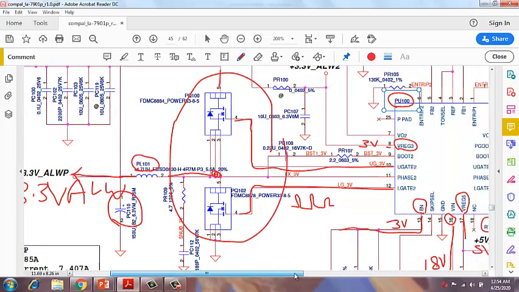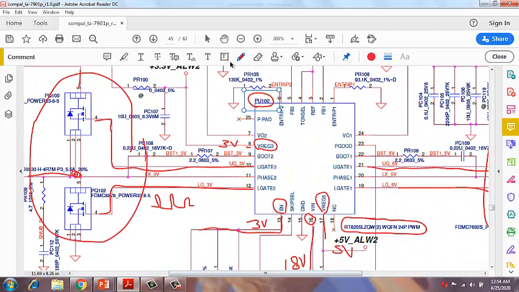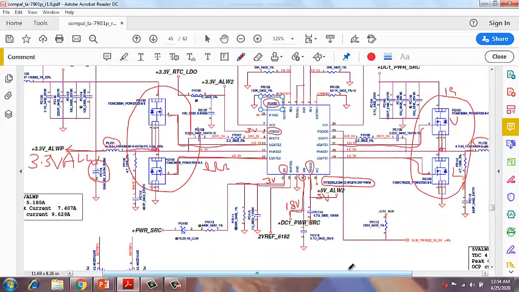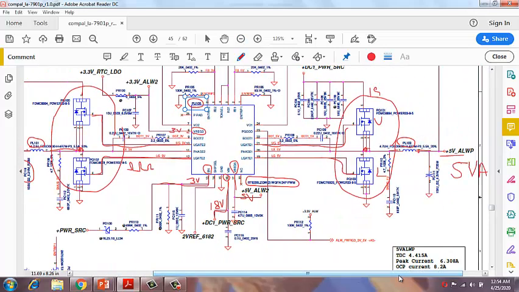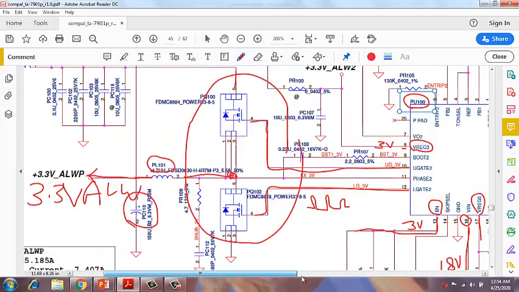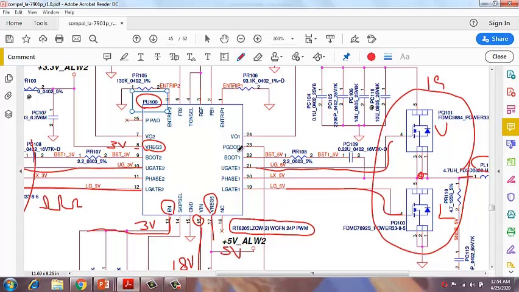After finishing this, once this section is working, this chip generates a power good signal. Power good is a 3 volt output which the chip generates. After getting enable, it starts triggering two MOSFETs, 3 volt and 5 volt are generated, and then at pin number 23, you can see here, this is called PGOOD, that means power good.